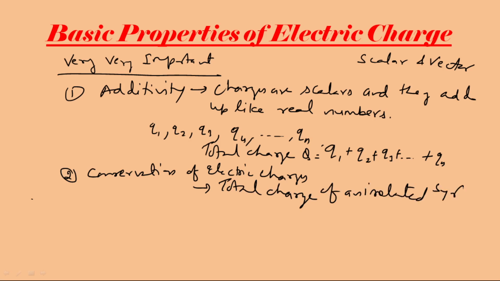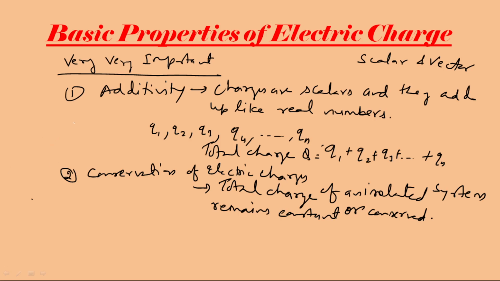It means the initial and final charge of the system will be the same. The initial value of the charge and the final value of the charge will both be the same. There will not be any changes.